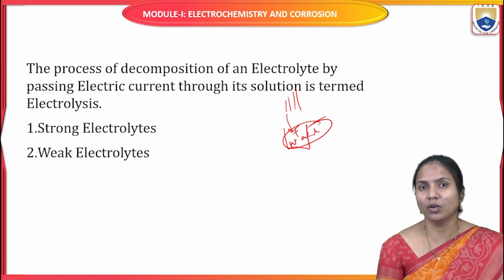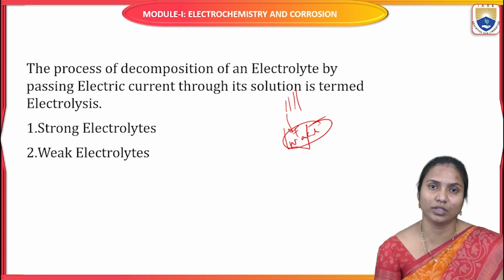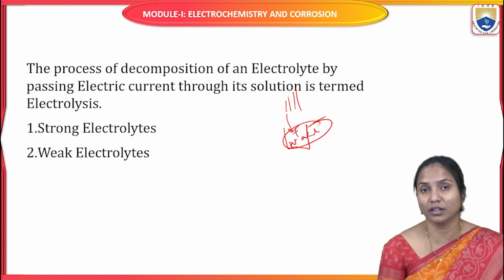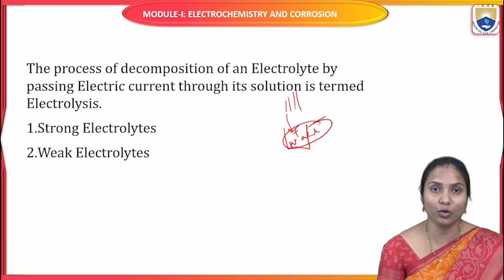What is the meaning of electrolyte? Generally electrolytes are of two types, strong electrolytes and weak electrolytes. Strong electrolytes means these molecules are completely ionized, even at low concentration.